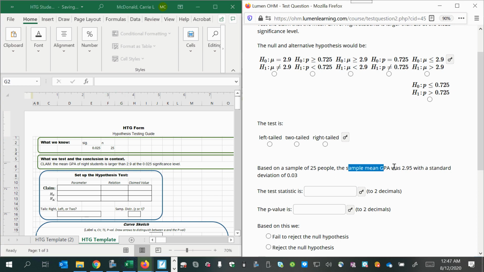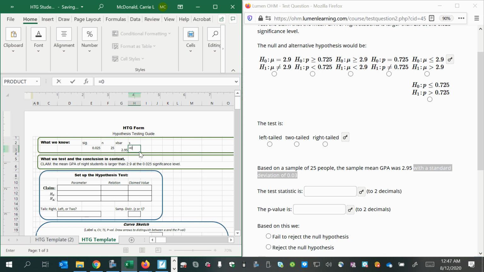The sample mean GPA was 2.95, so that's your x bar, 2.95, with a standard deviation of 0.03. Now that's talking about the sample, so that is not sigma, that is the sample standard deviation, not the population standard deviation. So we don't know sigma. Sigma is unknown. So being that sigma is unknown, we're going to end up doing a t-test.